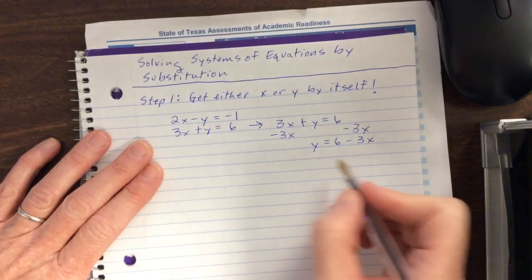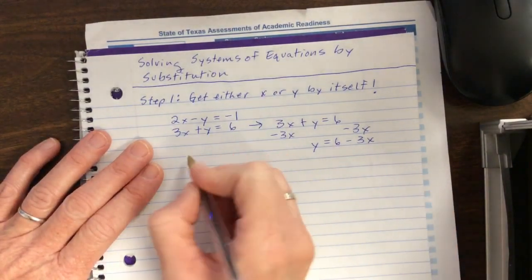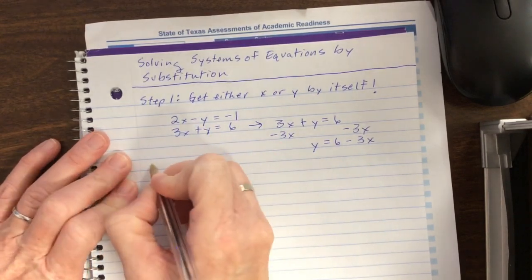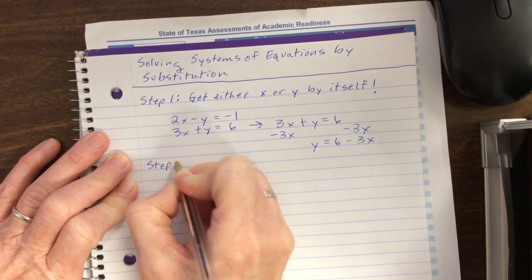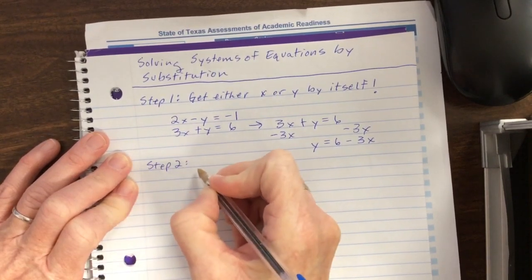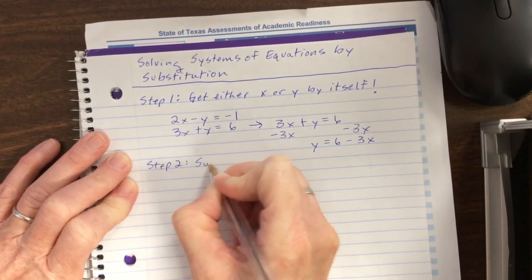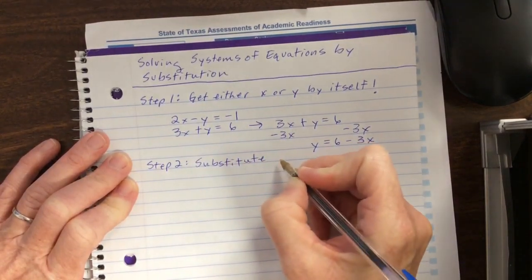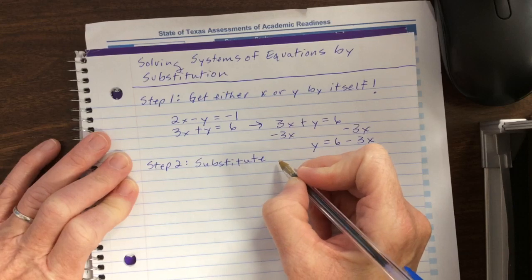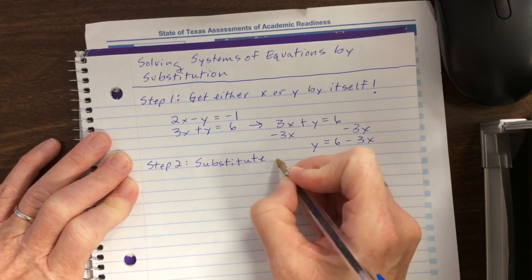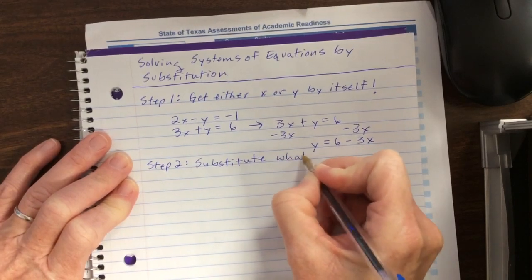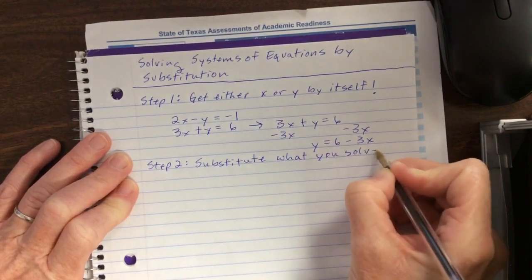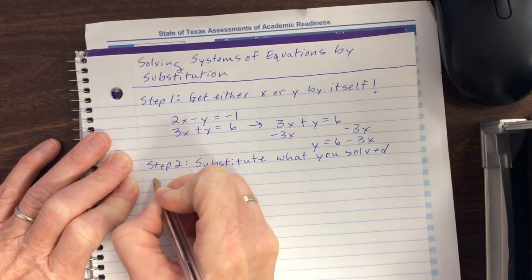So now step 2. So now we're going to substitute what you solved into the other equation.